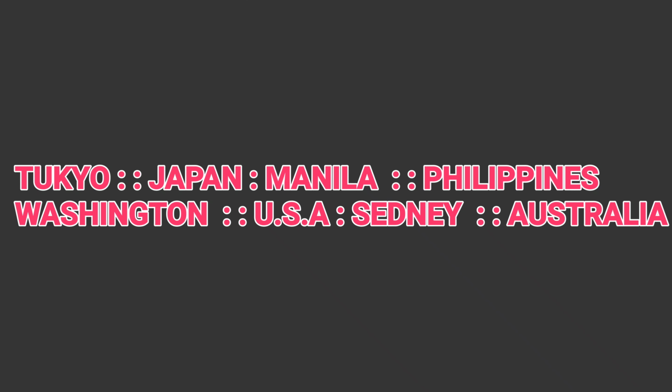Also, a canal is a passage or a part of an organ. For another example, Tokyo is to Japan as Manila is to Philippines. Washington is to USA as Sydney is to Australia. Another example, camel is to desert as letter is to mailbox. All of the examples I've mentioned can be found in the place where the objects are connected. Let's proceed to number 10.